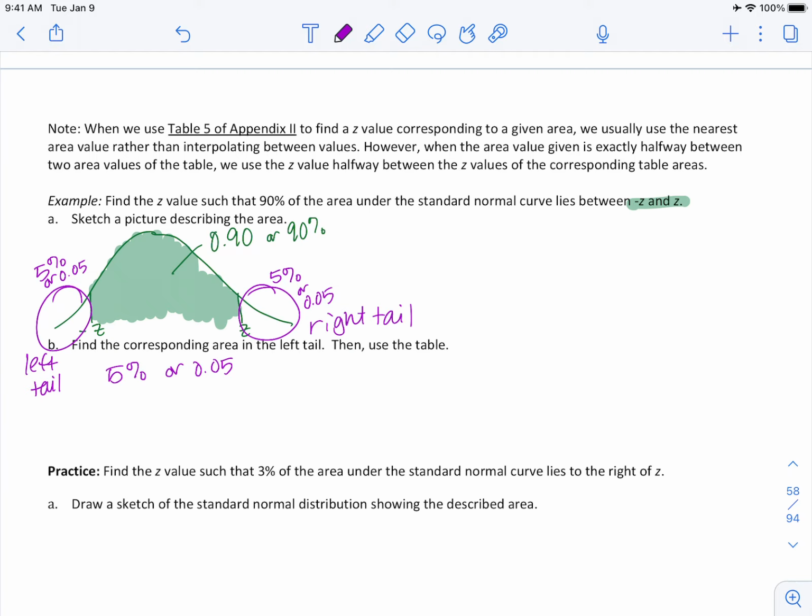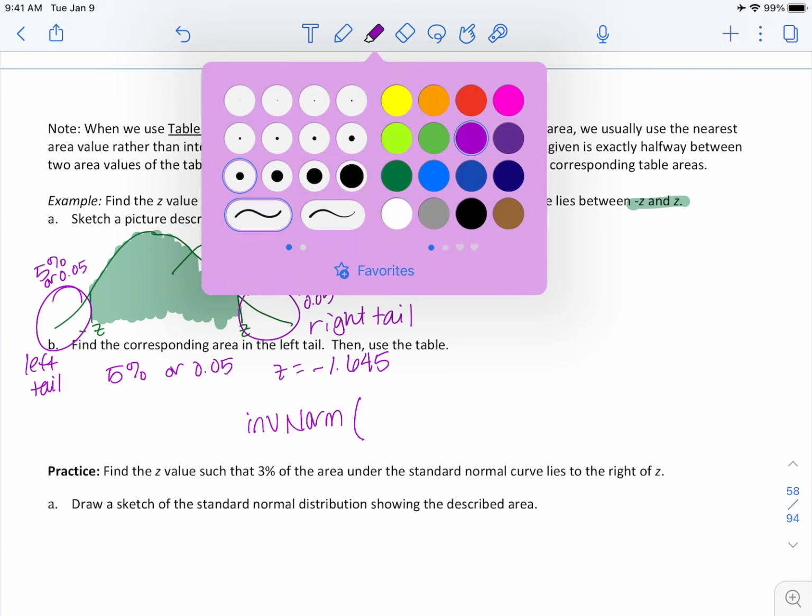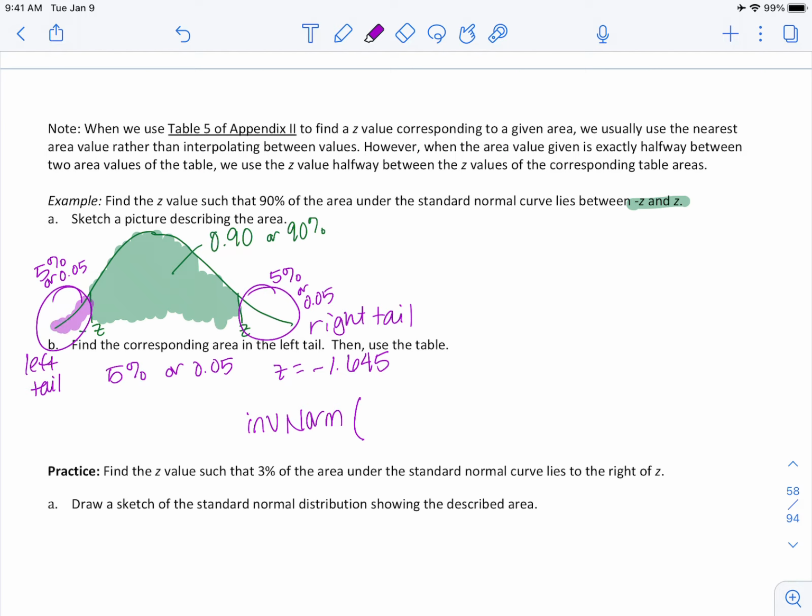From our table, this comes out to negative 1.645. In the calculator, this is the easiest way to do this. We'll do inverse norm. Again, the area under the left tail that we're referring to is 0.05. Our mean is 0, standard deviation is 1, and so we get negative 1.645.